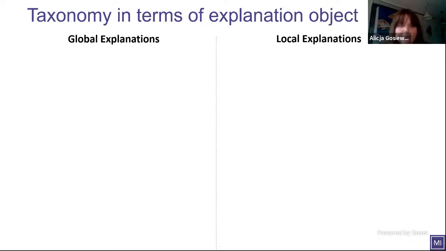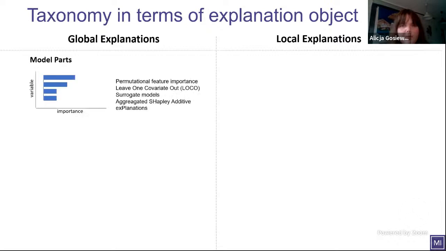for one client. So in global explanations, so that are from the perspective of the whole data set, we can, for example, look at model parts, which means we are focused on the impact of variables or groups of variables on the model performance. Here are examples of methods such as, for example, permutational feature importance.